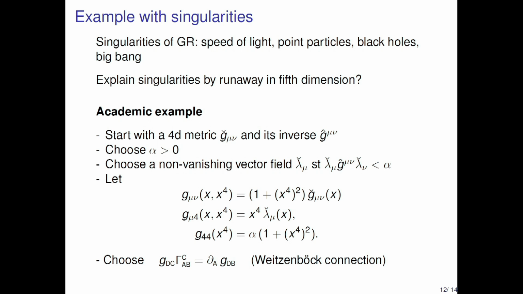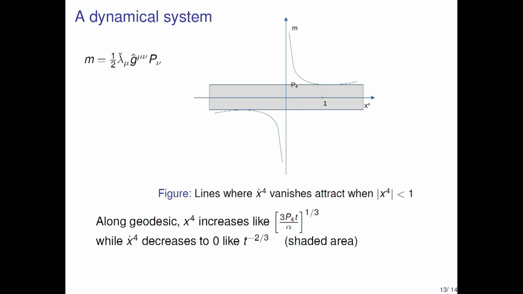And the hope is to describe those singularities by having a runaway in the 5th dimension. That's my academic example, and you start from some metric and you can go further and construct a Weitzenböck connection. And it behaves as a dynamical system.